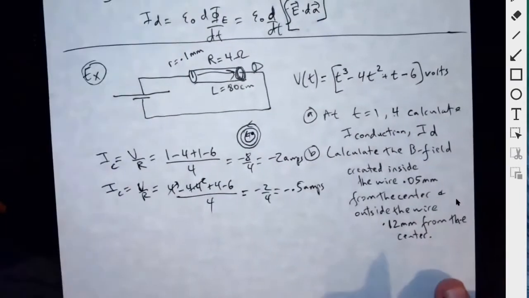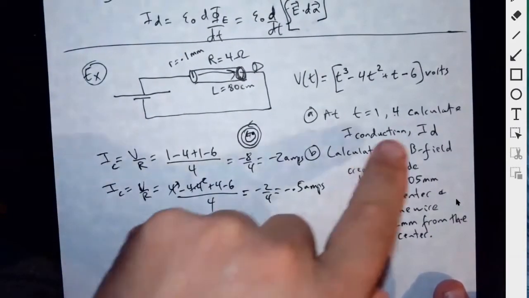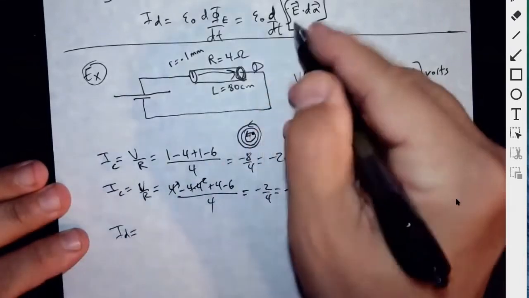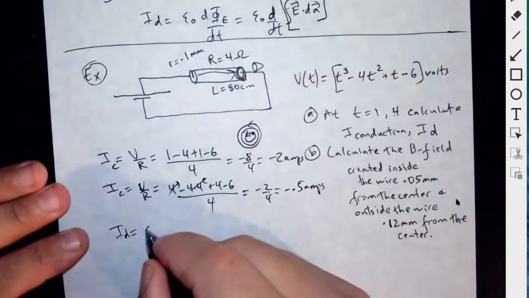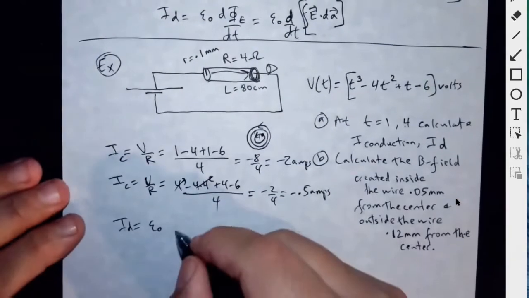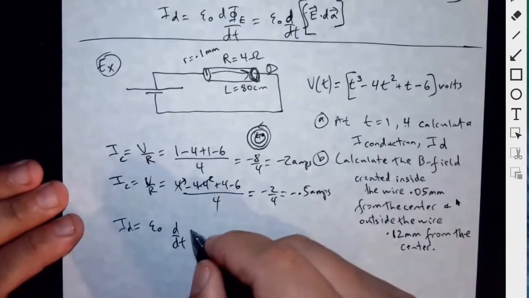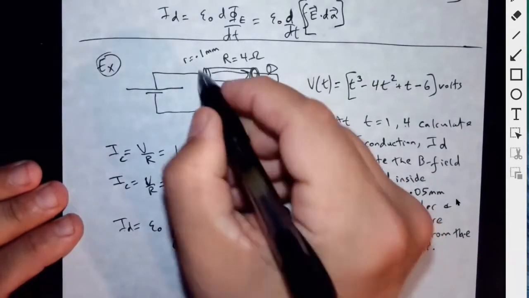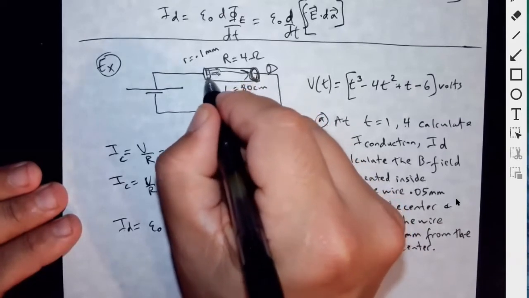Okay, how do you do the displacement current? So the displacement current is going to be E0 d by dt. So the electrical field in the wire is going to be uniform everywhere in the wire, right?